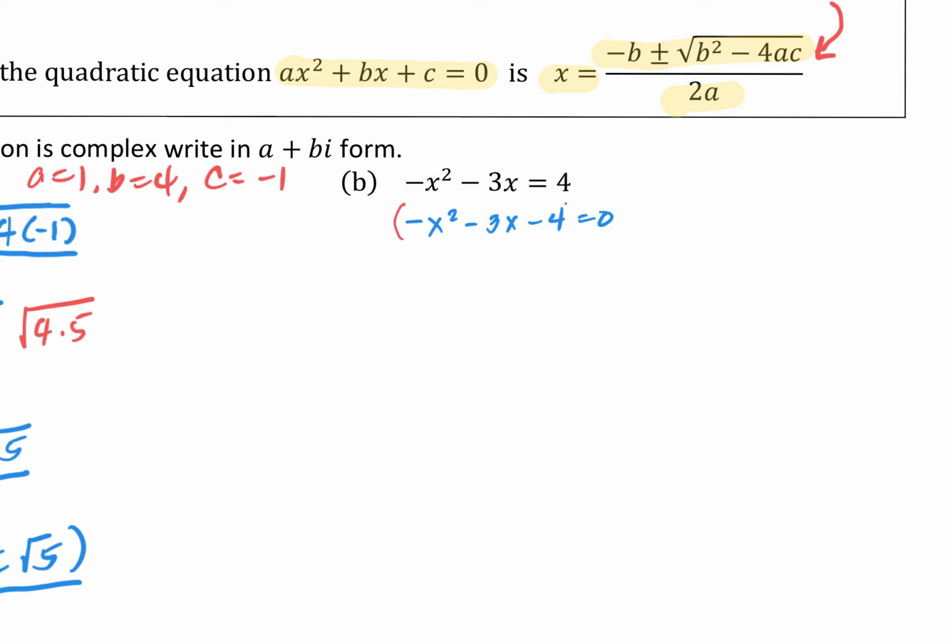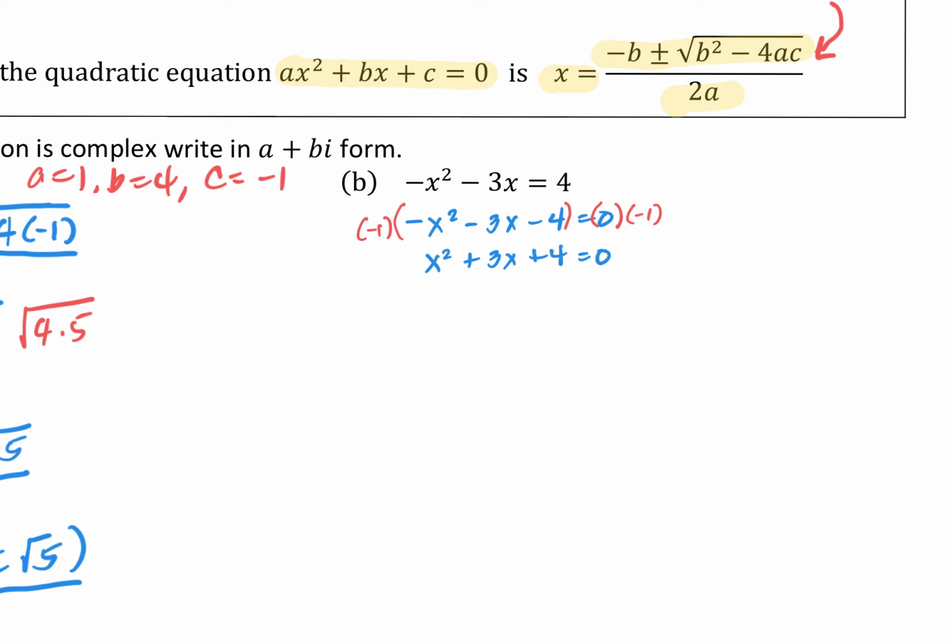But just remember that this is an equation, so you can multiply both sides by a -1. And when you multiply both sides by a -1, you get x squared plus 3x plus 4 equal to 0.